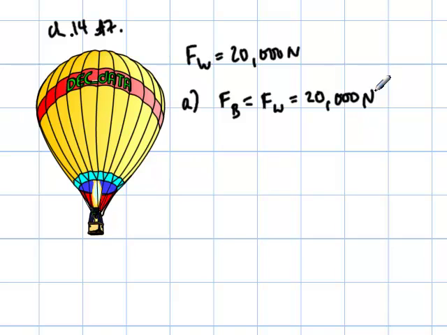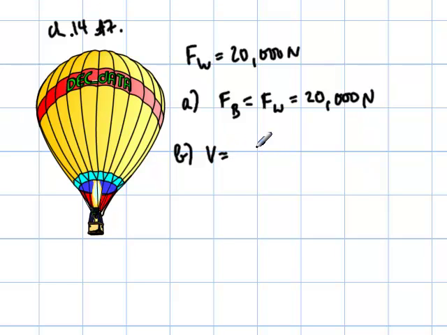So that's part A. Part B says, what is the volume of the displaced air? So since the weight of the displaced air is also 20,000 newtons, I would have to divide that by the density.